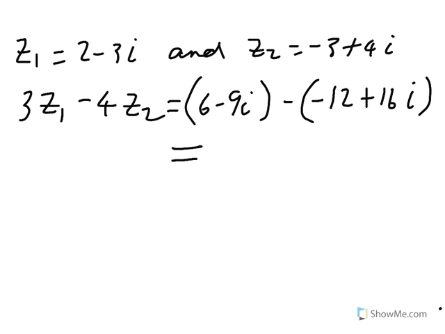Now subtract my real and my imaginary components. So 6 minus negative 12 is 18, and minus 9 minus another 16 is minus 25, so minus 25i for that one.